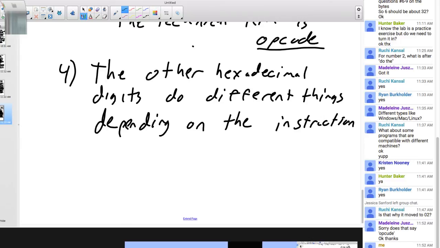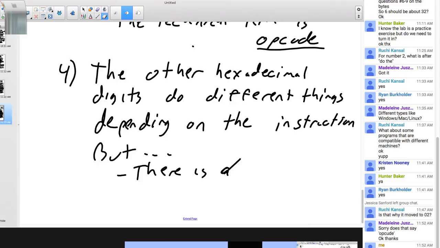So the way we interpret the second, the third, and the fourth hexadecimal digit depends on what the opcode was and what we're trying to do. Okay, but there is always 4 hexadecimal digits.